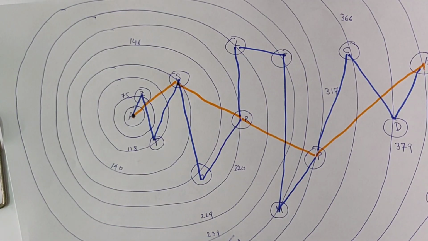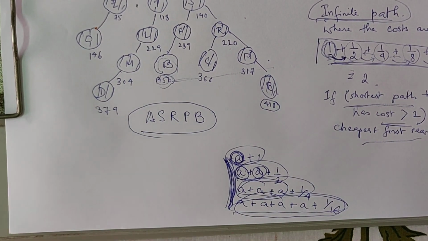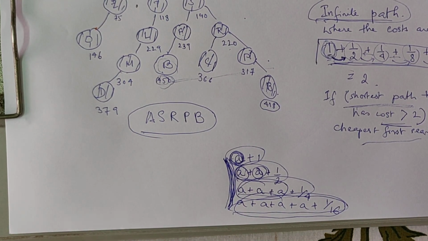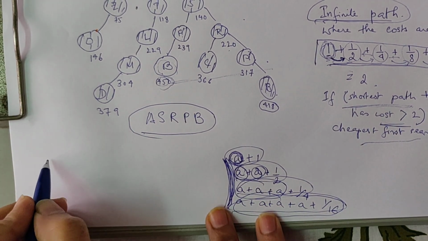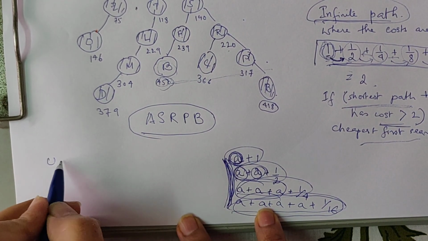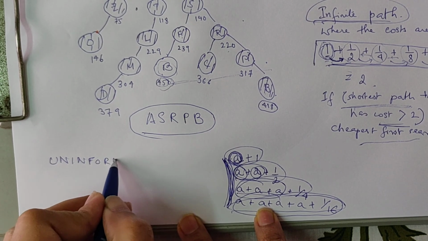Just before ending this video, I will tell you that the class of algorithms that we had studied so far, in which no such extra information about the goodness of a state, about the merit of a state for being explored, was added, are called, opposite to informed search algorithms, uninformed search algorithms.